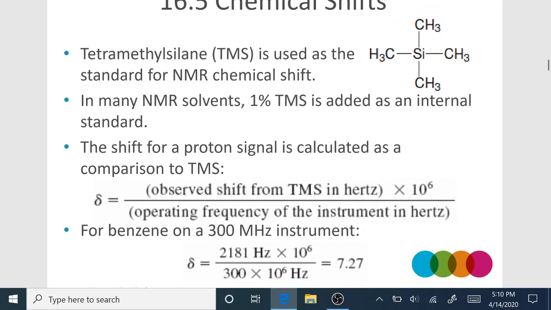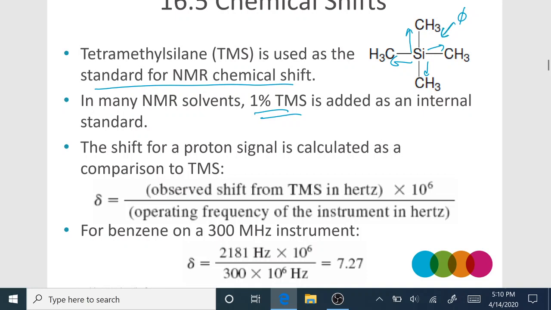Okay, so TMS is tetramethylsilane. This is used as an internal standard for NMR. What we do is add about 1% TMS to the sample, and when we take the NMR, we're going to set that TMS signal to 0. That's because this silicon actually pushes electron density onto the methyl groups, shielding them to the point that these hydrogens are more shielded and they're going to come in at 0.